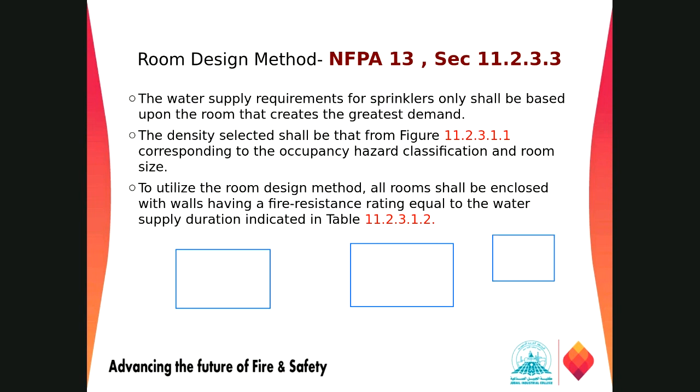In the room design method, we just calculate the flow requirement for one room, the largest room. So keep in mind, if this is the largest room, we have to supply water to only this room. If water reaches this room, all the rooms will be protected by the sprinkler system.